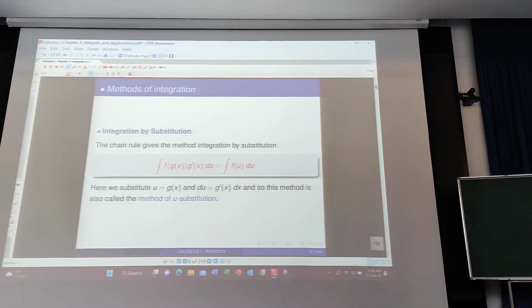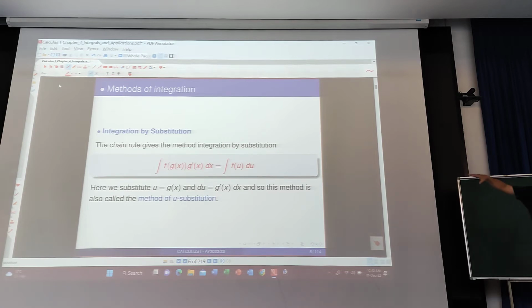So, more important are two methods of integration: how to find the integral when the function under the integral sign is complicated. The first method is called integration by substitution, or sometimes integration by change of variable.